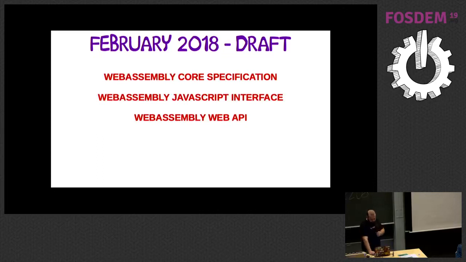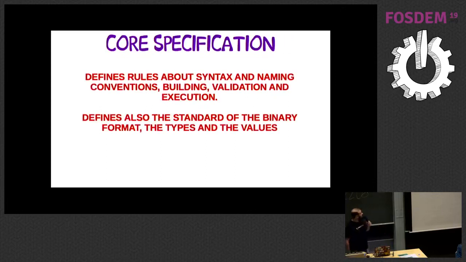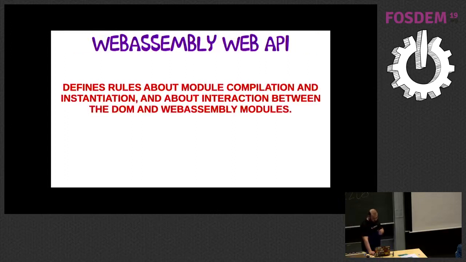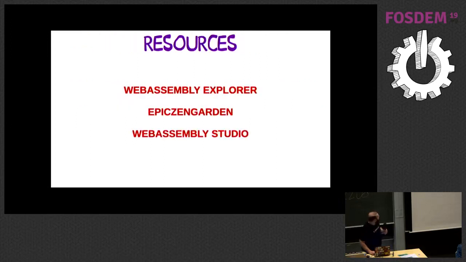The core specification defines rules about syntax and naming conventions, building, validation, and execution, and defines the standard of the binary format, the types and the values of the technology.